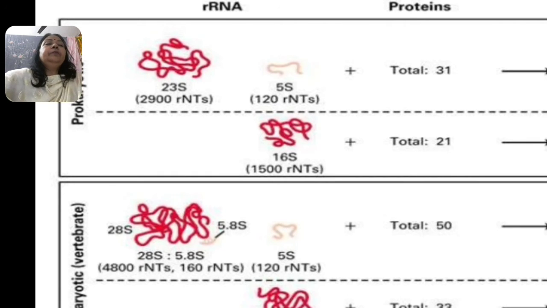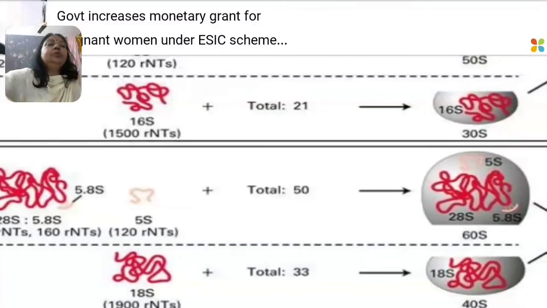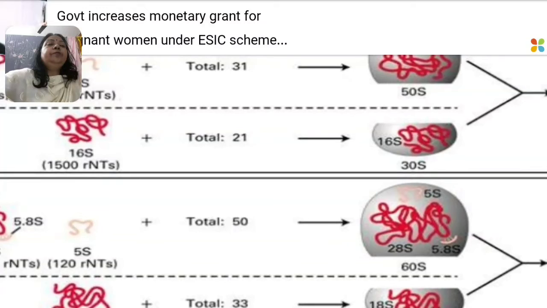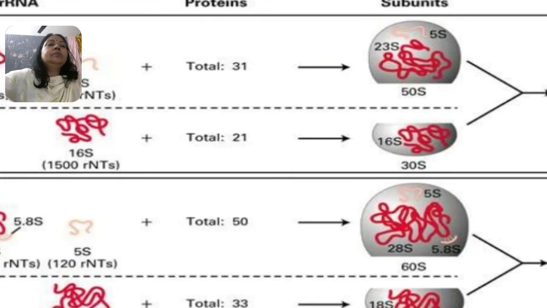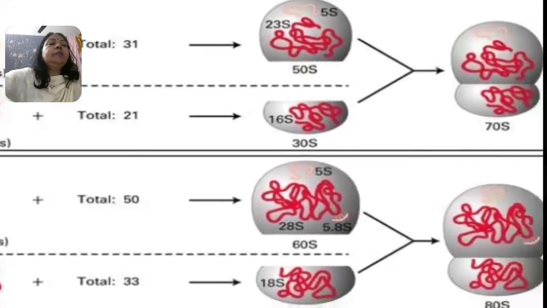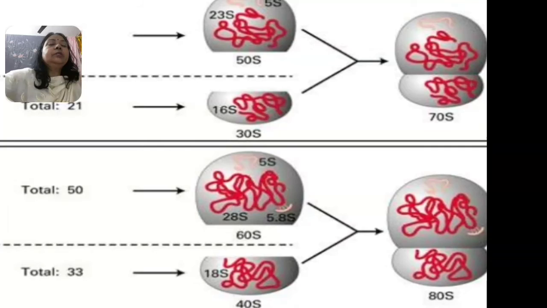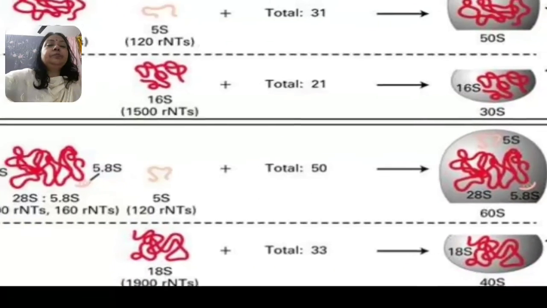And if it is combined with protein, mostly it is going to form the 50S or 30S. S means Svedberg unit. There are 2 subunits in the prokaryotic cells, and at the time of protein synthesis they combine together to form the 70S ribosome.